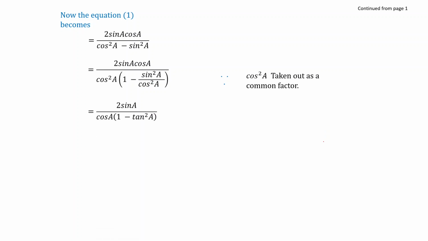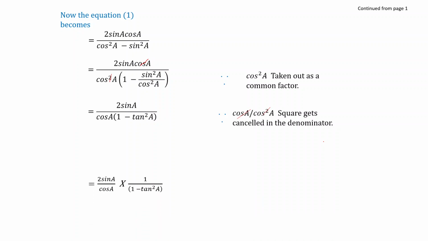So this is 2 sin a divided by cos a multiplied by 1 minus tan square a, because the cos a in the numerator and the cos square a in the denominator cancel each other.